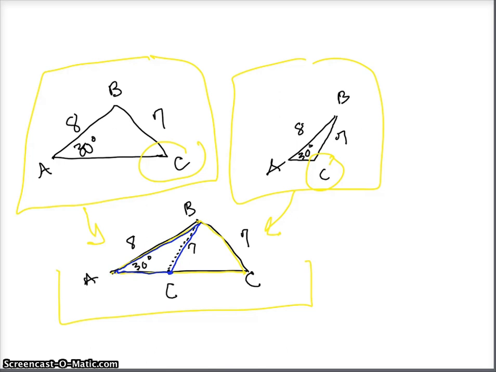So triangle A B C with the subscripts for triangle 1, and then A B C with the subscripts for triangle 2. So this represents the given information for A for both triangles, given information for B for both triangles, but C changes from one triangle to the other.